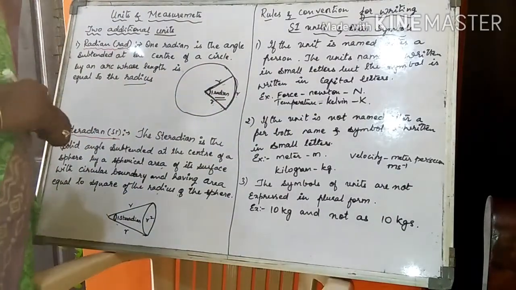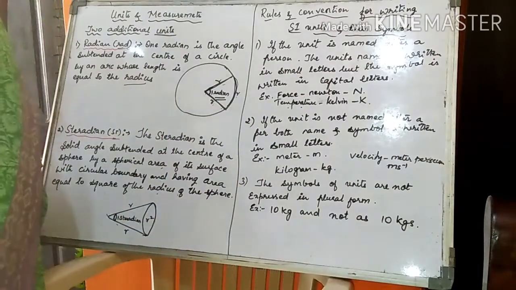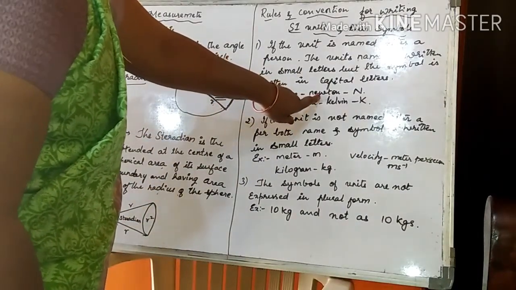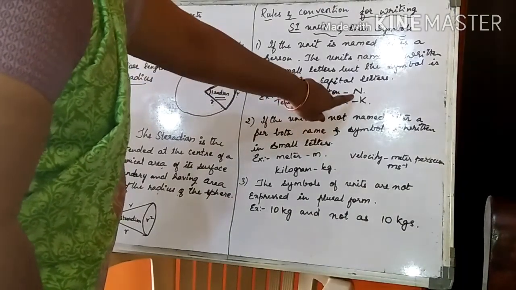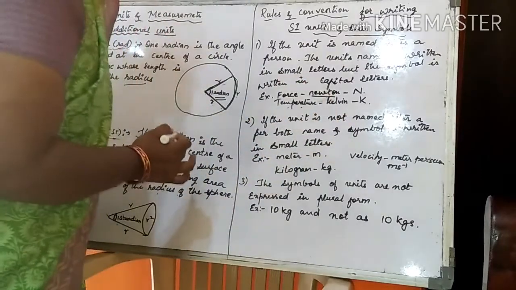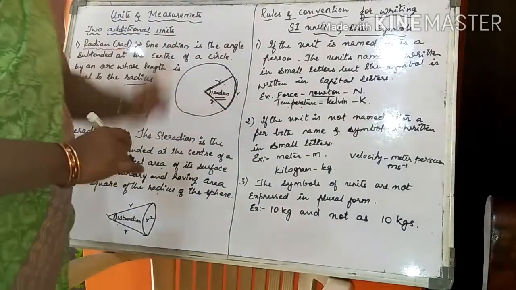For example, I have taken force and temperature here. Force was given the name newton, and newton I have written in small letters. This is the first rule followed.